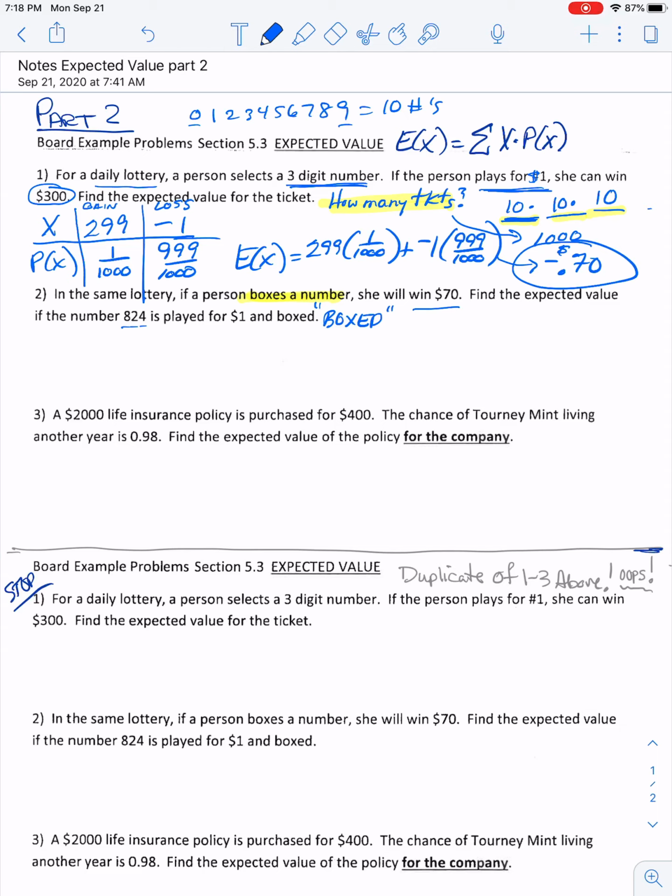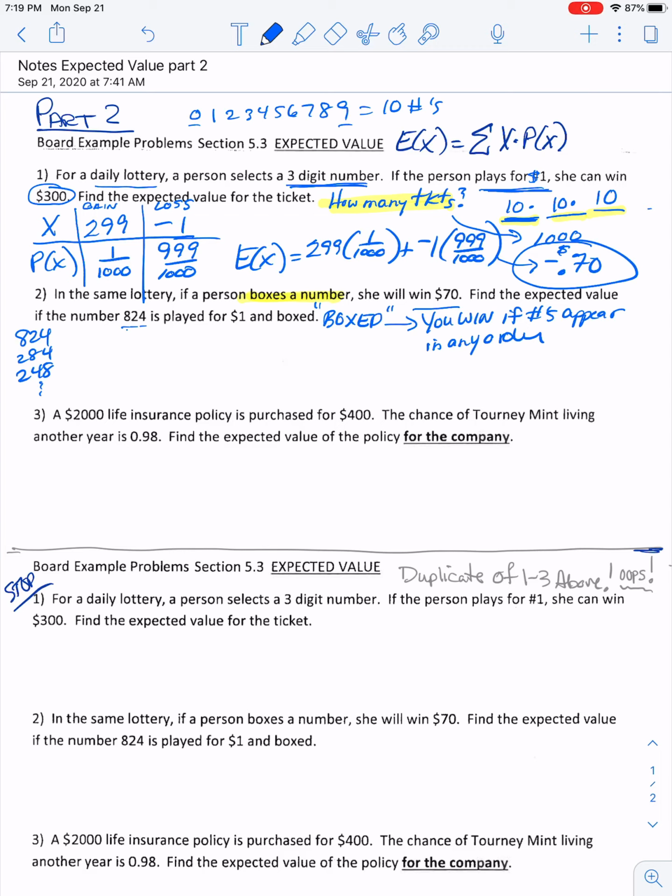Boxed means you win if the numbers appear in any order. So in other words, 824 wins, 284 wins, 248 wins, and so forth.